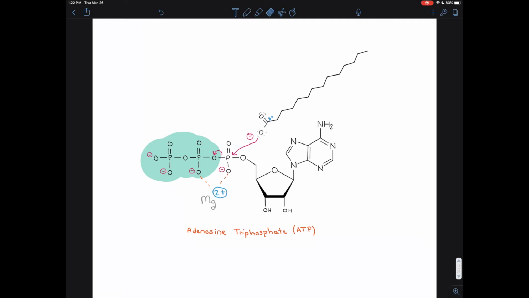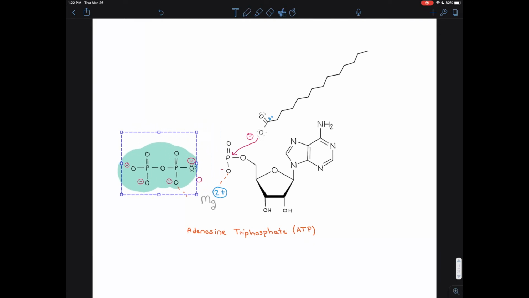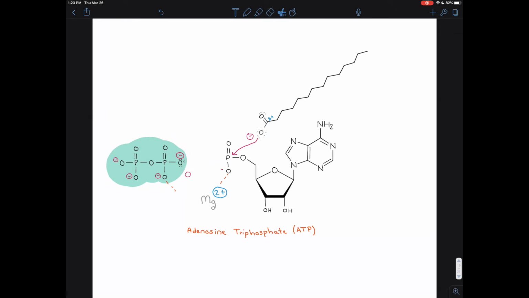And so, ultimately, this bond becomes a lone pair on this oxygen, which now has 3 lone pairs, and therefore a negative charge. And what we have is inorganic diphosphate. And I'll erase these coordination lines here. Magnesium most likely goes with that to accompany the negative charges.